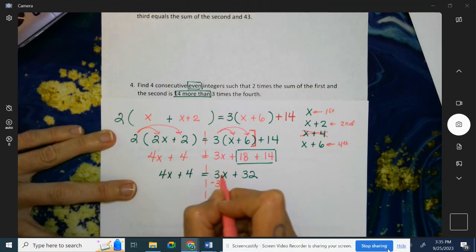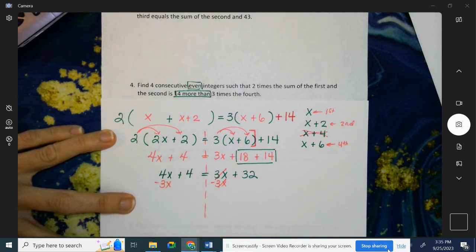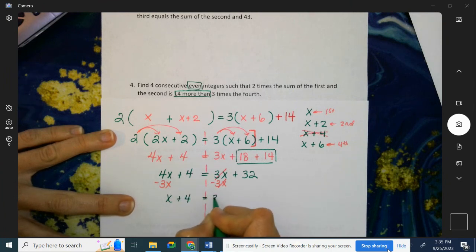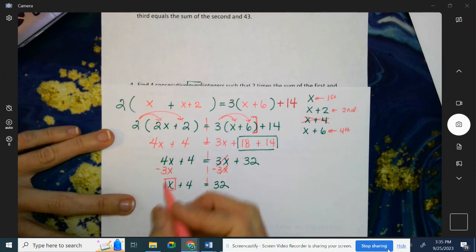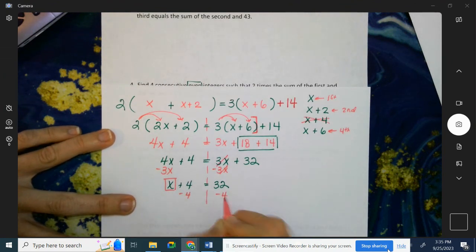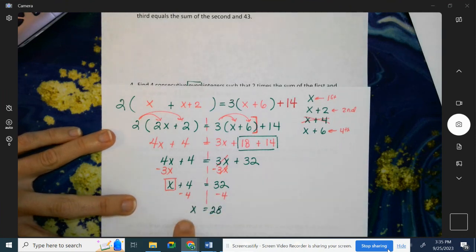So I'm going to get rid of the 3x on this side. And I subtracted it because it was a positive 3x, so it's going to leave me with x plus 4 equals 32. This is our stinky kid. That's a positive 4, so we're going to subtract 4 from both sides. And x is going to give us 28. Now, x is 28.